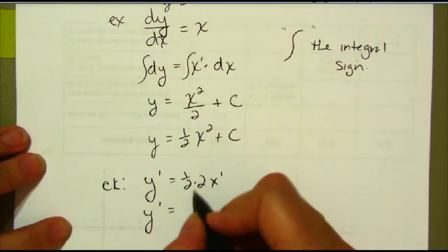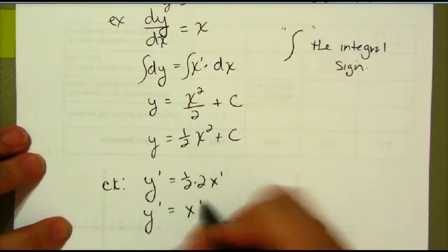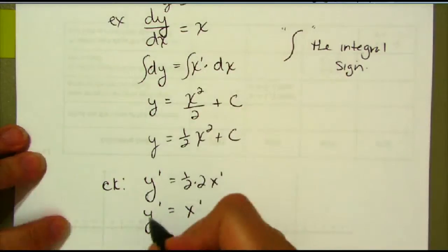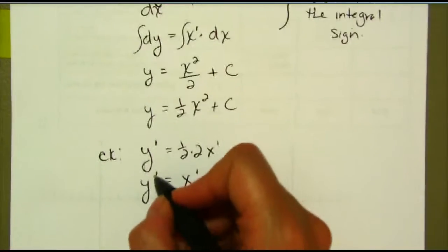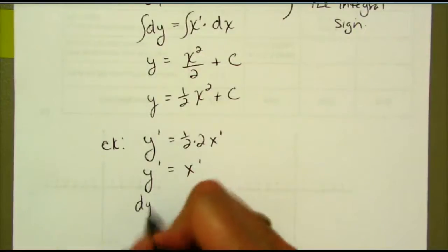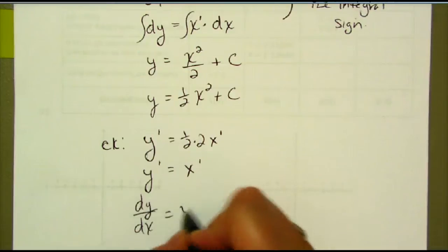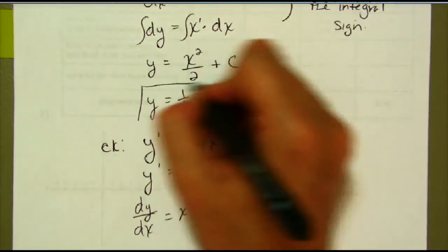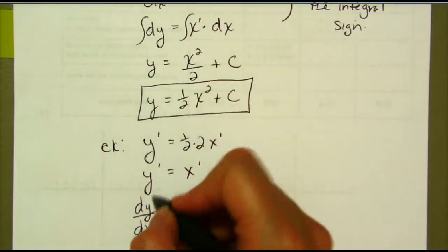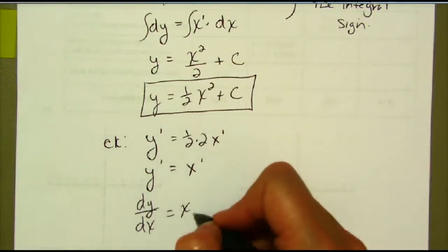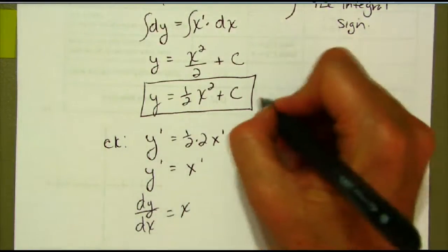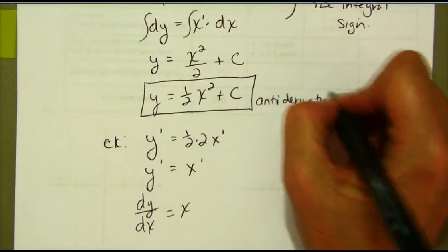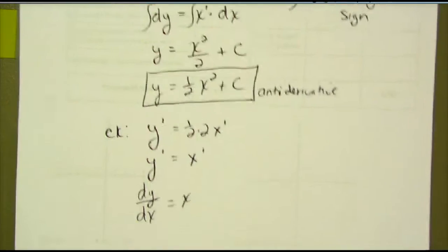So 2 times 1/2 is just 1, and that's just x to the first power. And that's what I had. Because another way of writing y prime, or the first derivative of y, is dy dx equals x. So this is the antiderivative of dy dx equals x. This is the antiderivative. So I'm trying to go back and find the original function.